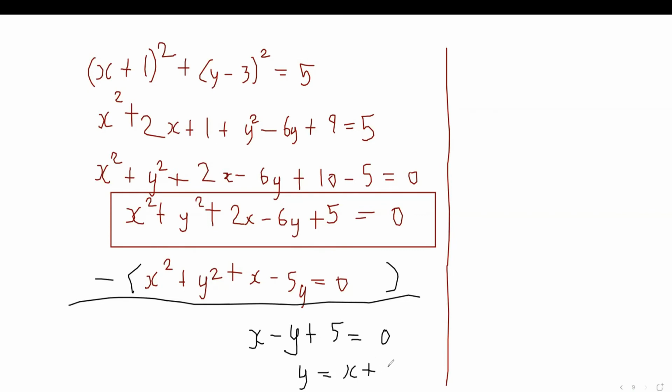If y is x plus 5, we can substitute it into any one of the circles. Since this circle has no constant, I'm going to plug it into the second one since that looks easier.